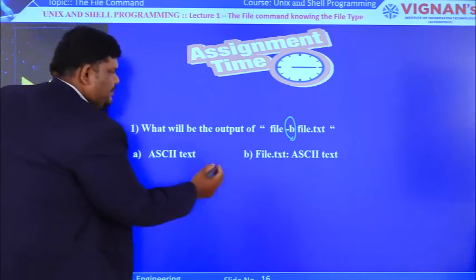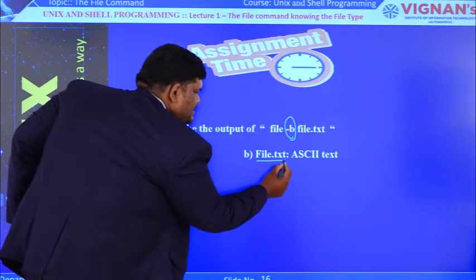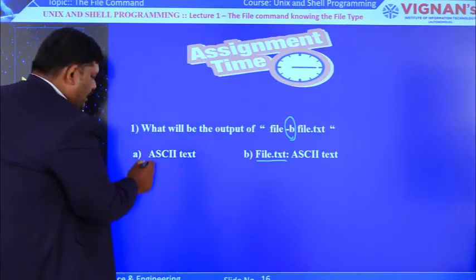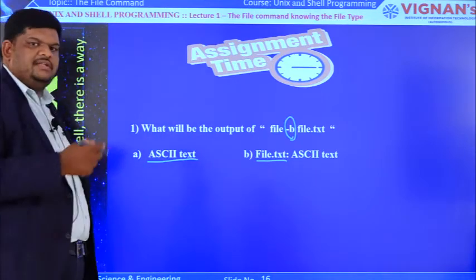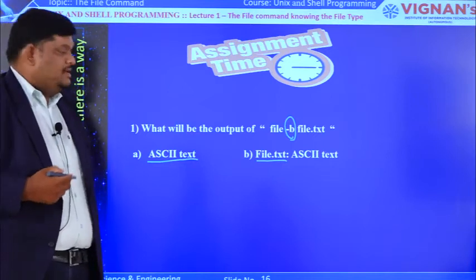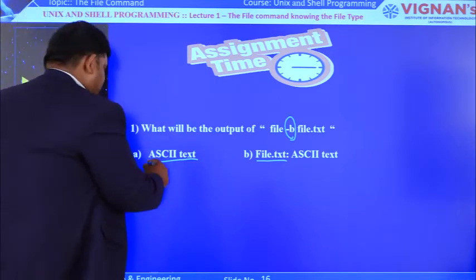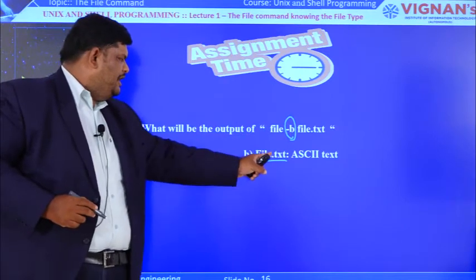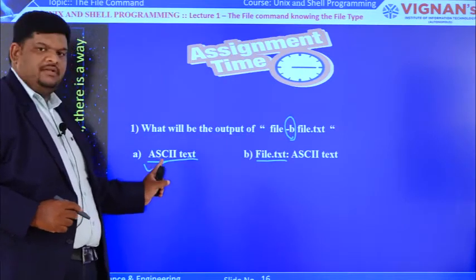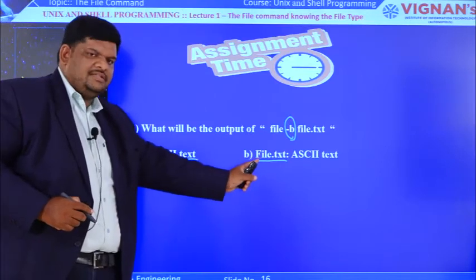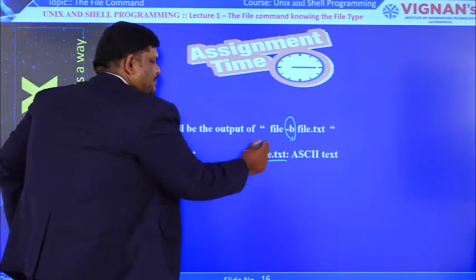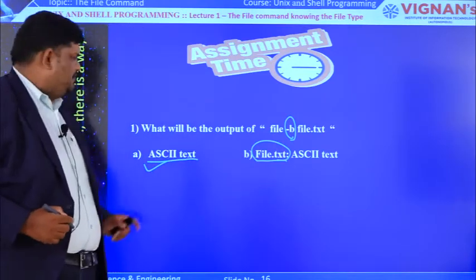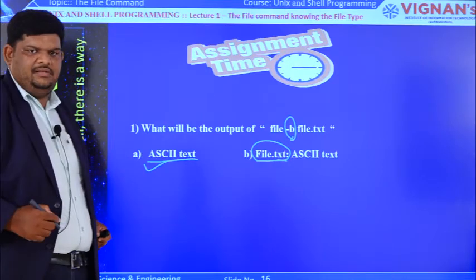If you observe here, the file name is there. Here, without file name, it gives the output straight away, it is an ASCII text. So the answer is option A. Why? Because we are using option B, so without file name the output will come. Why not the other option? Because there the file name also will exist. For that reason, the answer is option A.